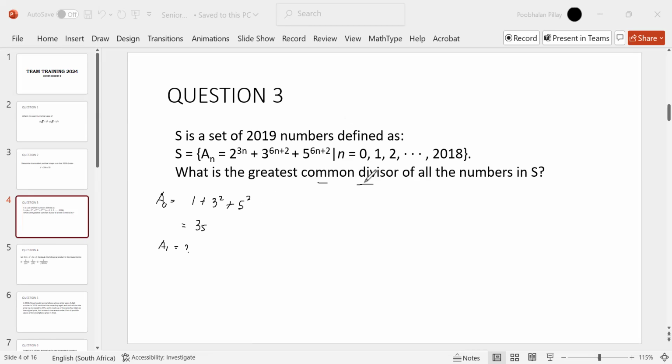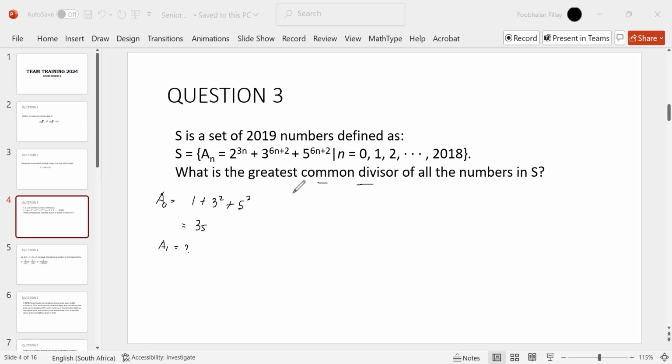So it must be a factor of all the numbers, but you want it to be as large as possible. Right? Now, one of the numbers which factors all these numbers is 1. Right? 1 goes into everything. But evidently, for this problem, the answer would not be 1. Otherwise, they wouldn't ask this question. But whatever it is, you have to look for the largest number that goes into all of these.